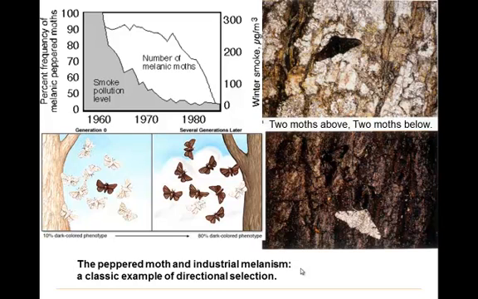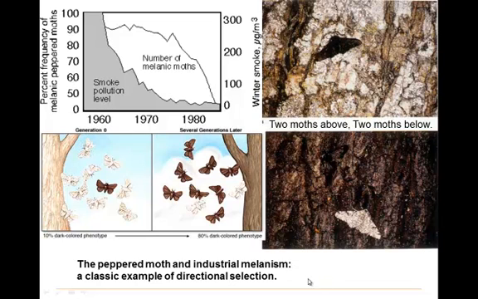We have two versions of industrial melanism: a historical one that happened in Victorian times during the Industrial Revolution in England, and then in modern times, where we again had a spike of air pollution.